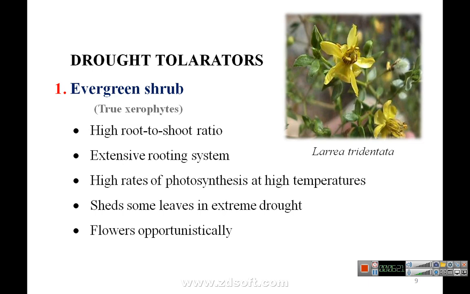They shed their leaves to shun drought, because if a lot of leaves are still there, they will transpire water, which will cause these evergreen shrubs to be killed, because loss of water will kill them.